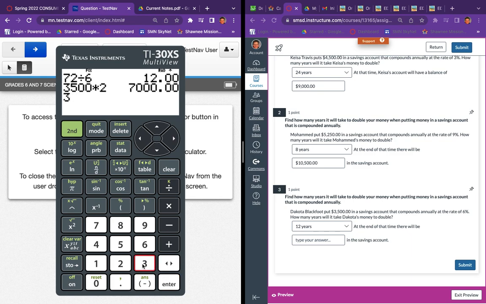Or you could take $3,500 and $3,500. That would be what he started with and what it grew to. And so now he has $7,000. However you choose to do that, you have to have a dollar sign, the 7, the comma between the thousands, and a decimal between the dollars and the cents.